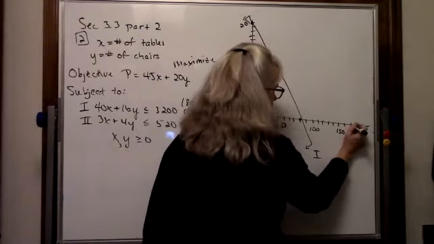Let's go find C. C is where lines 1 and 2 cross. I'm going to multiply the second one by -4 to get the 16s to cancel out. Equation 1 is fine the way it is. Notice that when I solve this system, I take out the inequality and put in an equal sign. So -4 times equation 2 gives me -12x minus 16y equals negative 2,080.